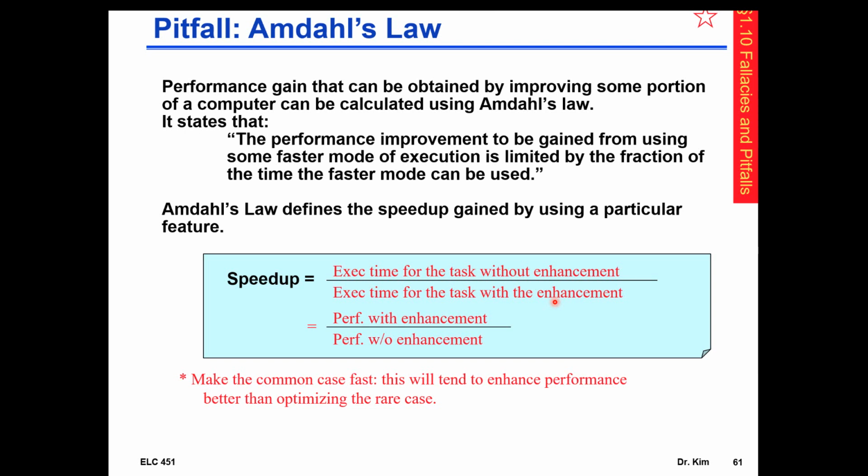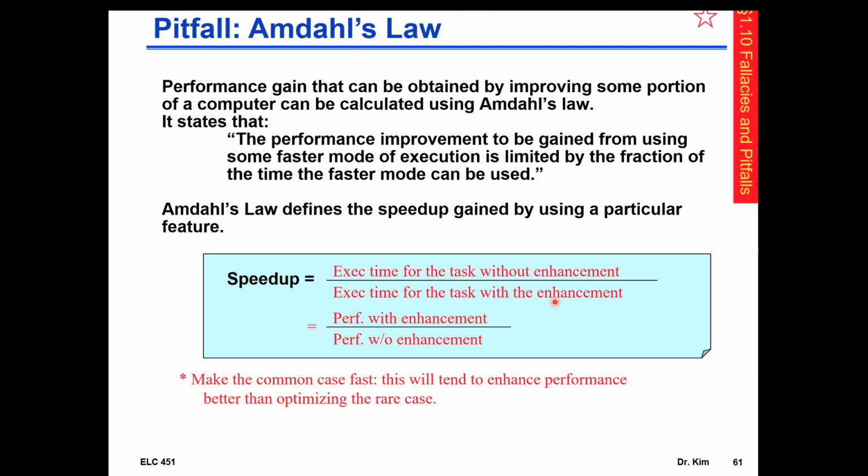Well, the most that you could improve it is to make that time 0, to make it instantaneous, so it doesn't take any time. You're getting it for free, but it's only used 10% of the time. So you could never get the overall time lower than 90%. Because even if you made that 10% zero, that improvement only applies to the 10%. It doesn't apply to the other 90%.